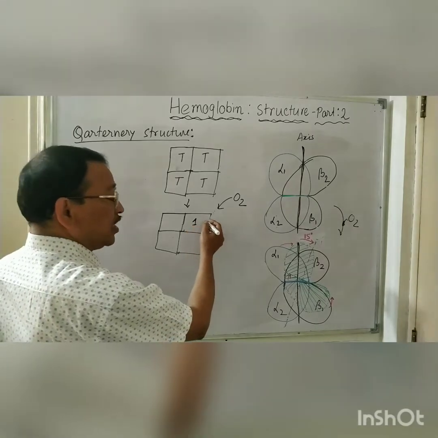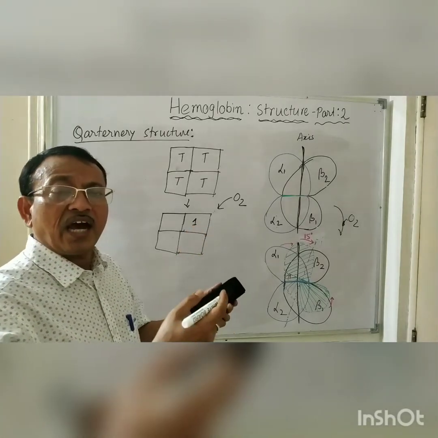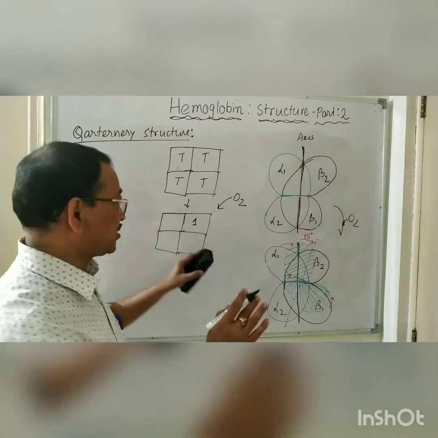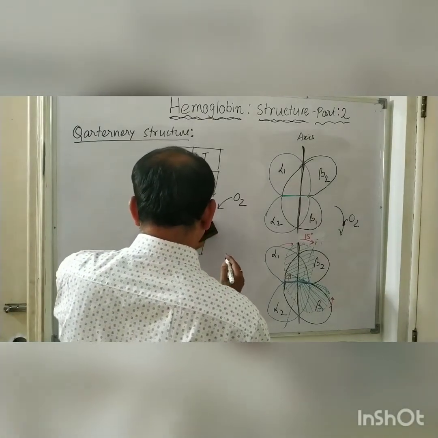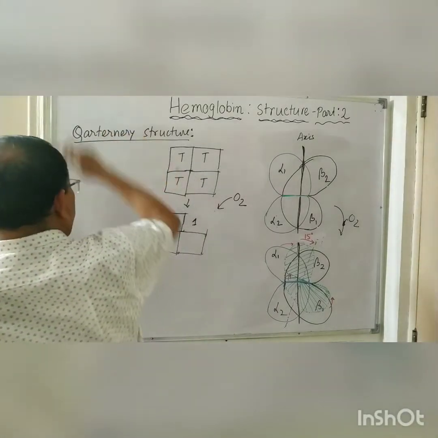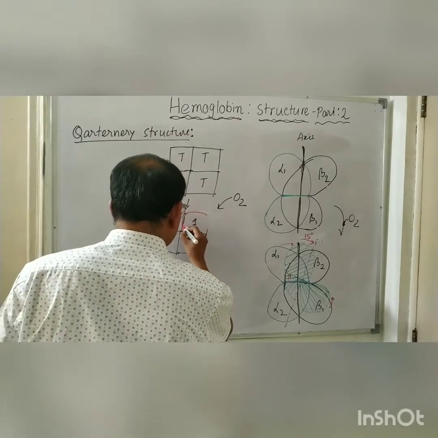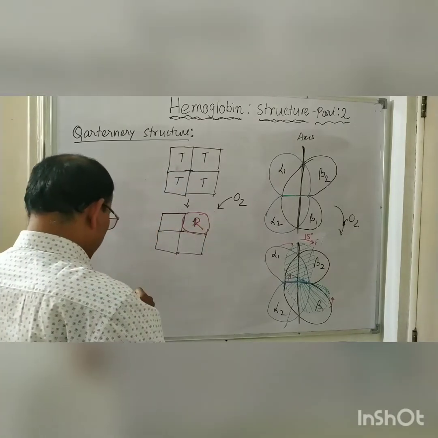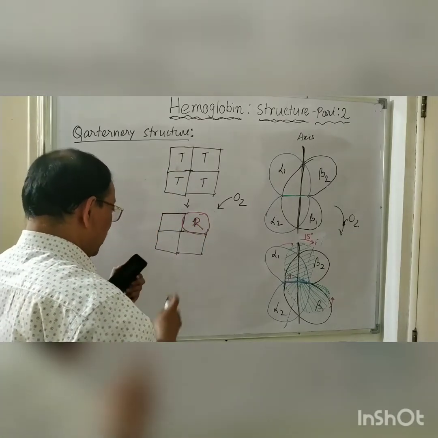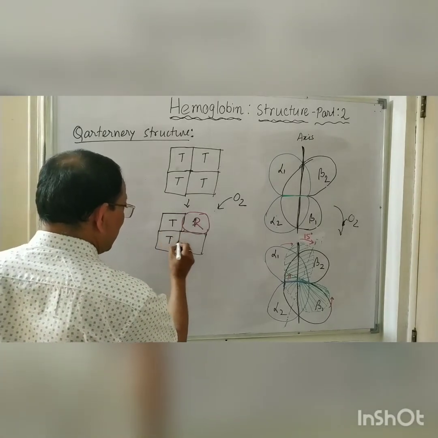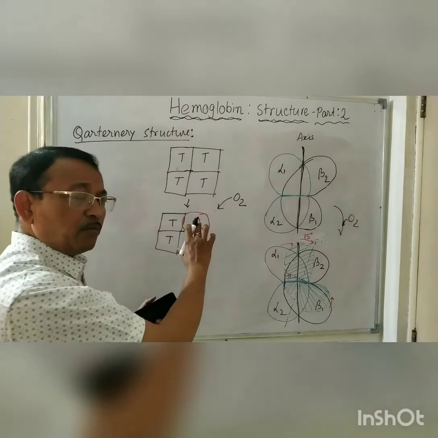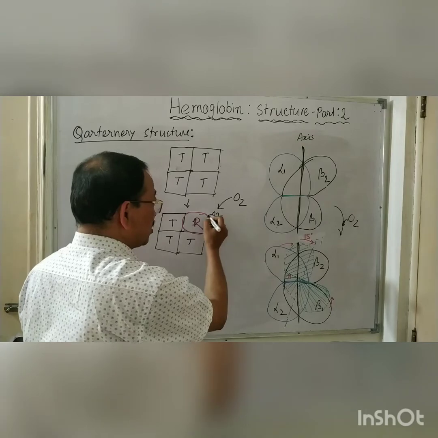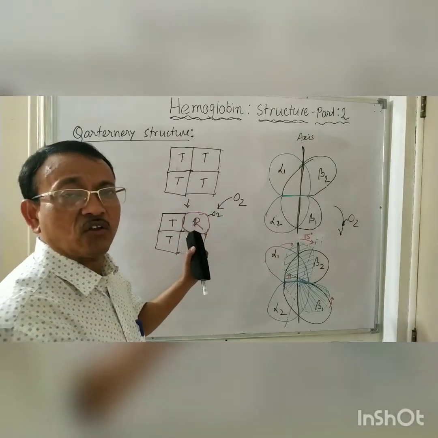Then they are transformed into the R state, or the relaxed state. So this will now be the relaxed state. The remaining units will be in the T state, but the hemoglobin subunit in which the oxygen binds will be transformed into the R state, or the relaxed state.